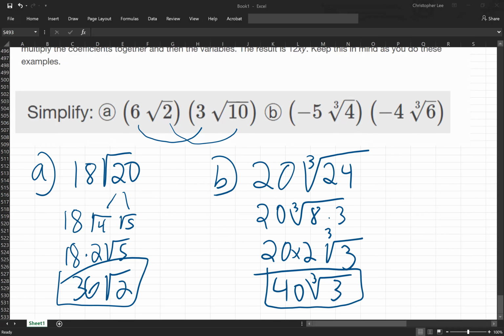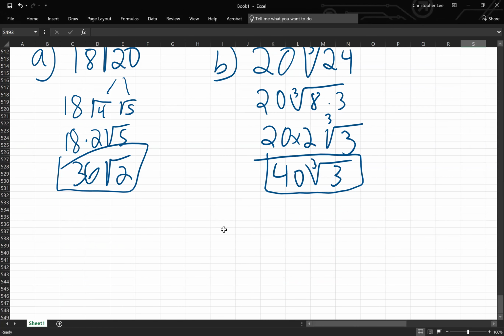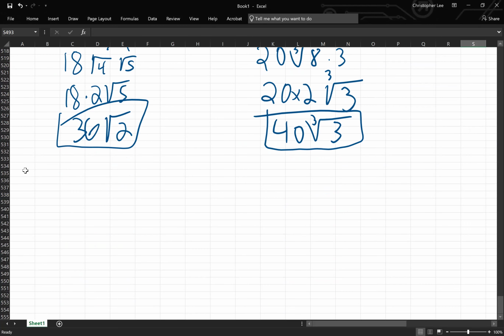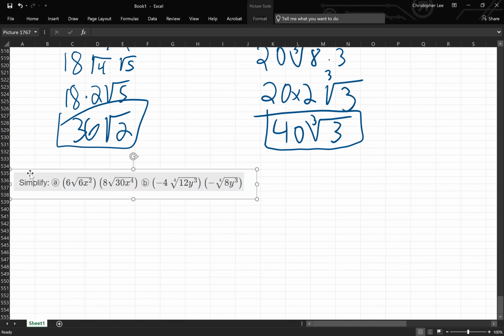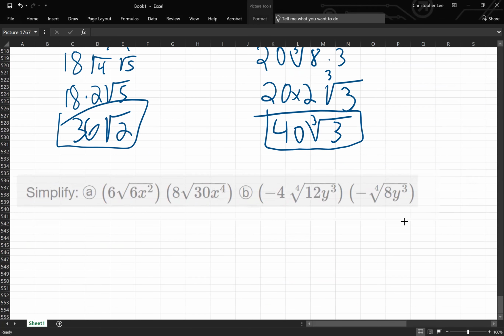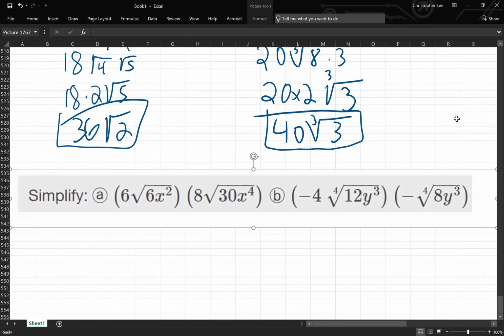Let's look at this example. All right, try it out.